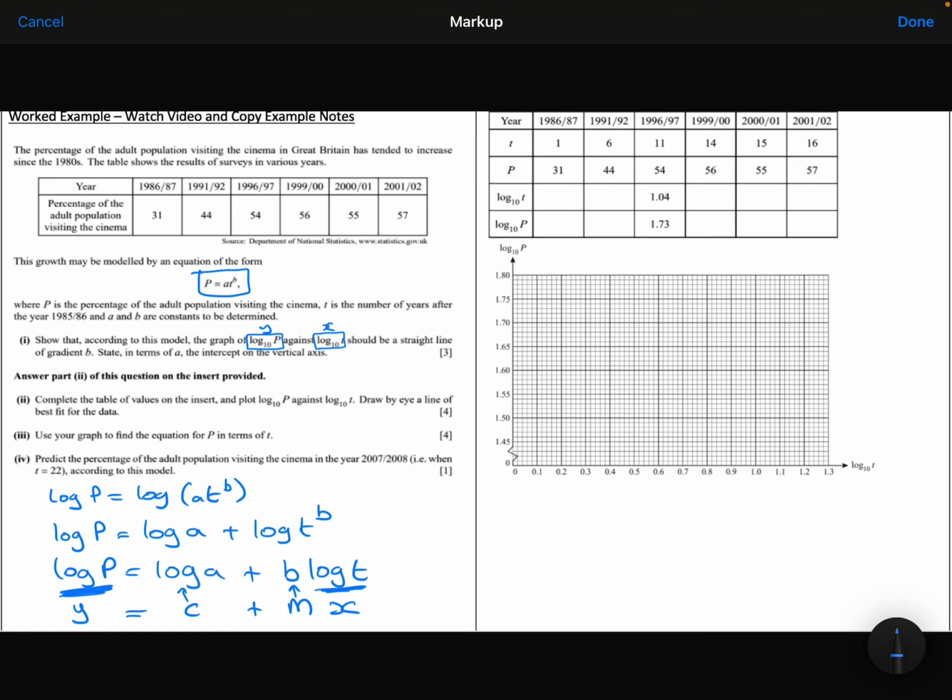Right, part II. Complete the table of values and plot log base 10 of P against log base 10 of T. So let's do that first of all. I've got the table of values up here. I need to do log base 10 of the different values of T. So first of all, typing into my calculator, I'm typing in log 1 and I get 0.